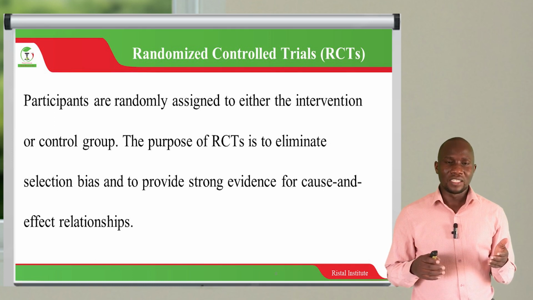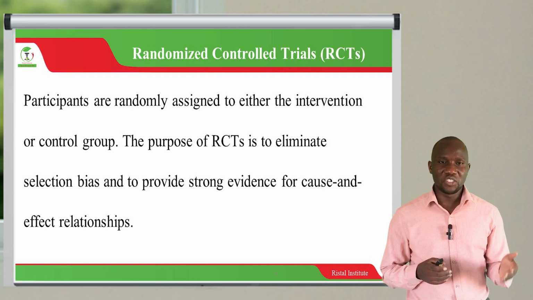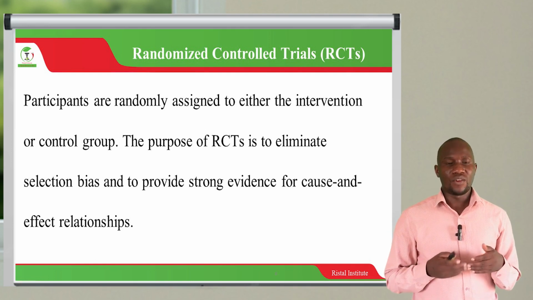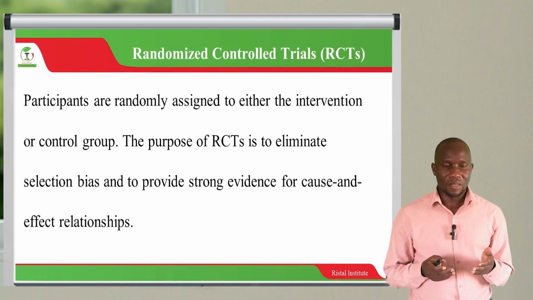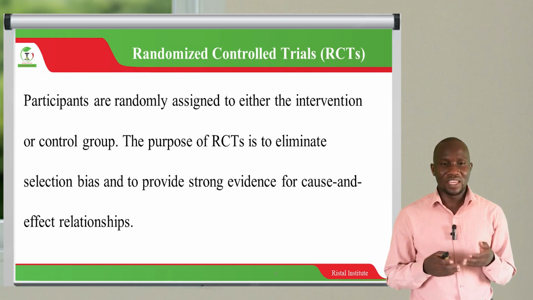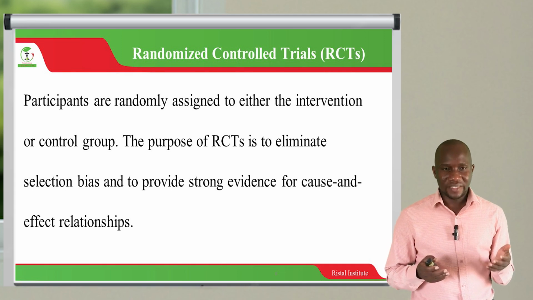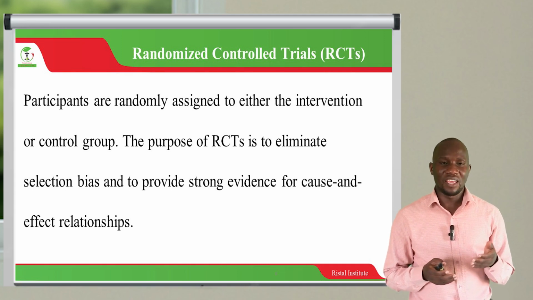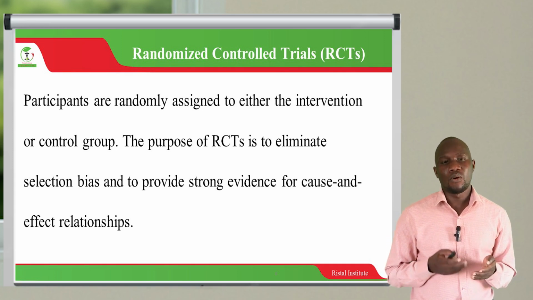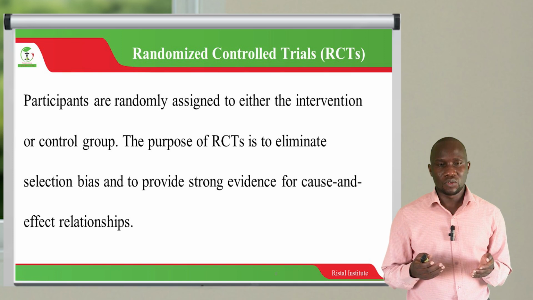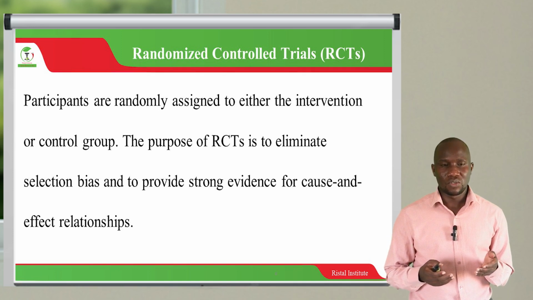And that assignment to either the control group or the intervention group is actually a random process. This is to make sure that we eliminate selection bias, such that at the start of the intervention, everyone has an equal chance of being either in the control group or in the intervention group. So we use randomization to do that.